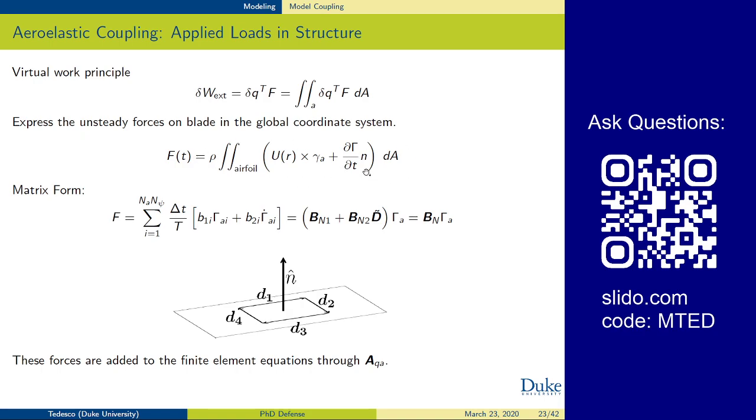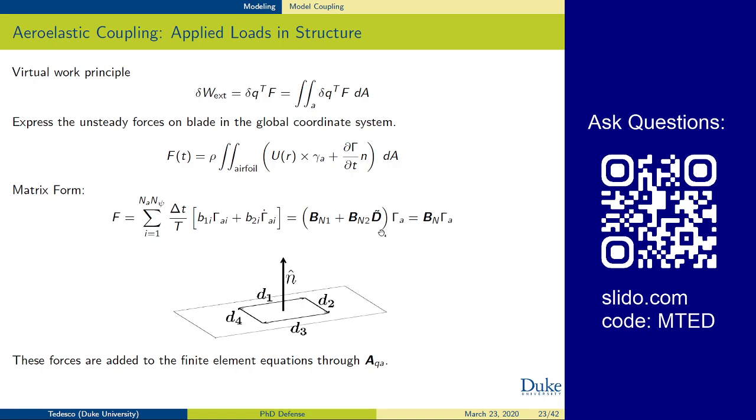All of this can be discretized as the following, where b1i is basically going to be every single vector here that we're seeing crossed with the free stream velocity at the given panel. And b2i is basically going to be the direction of the normal vector multiplied by the panel area. Yet again, we can use our friend the harmonic balance method to write gamma a dot as being a derivative operator times gamma a.